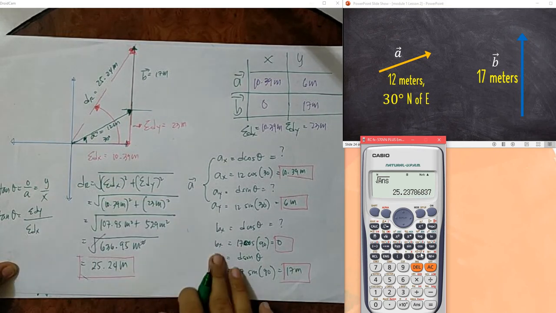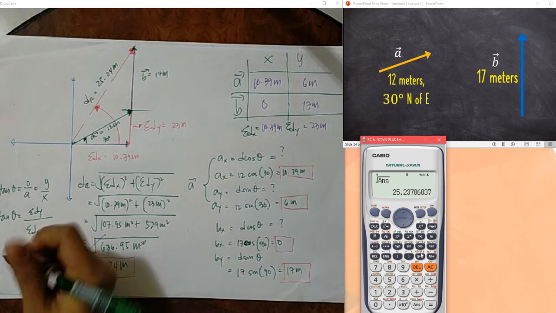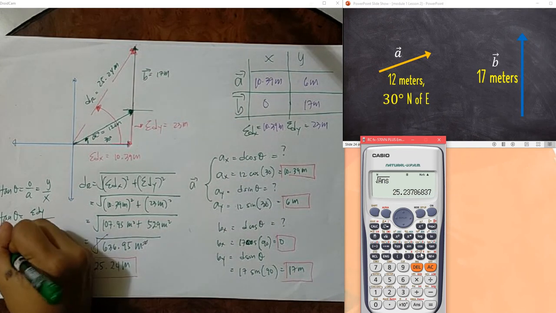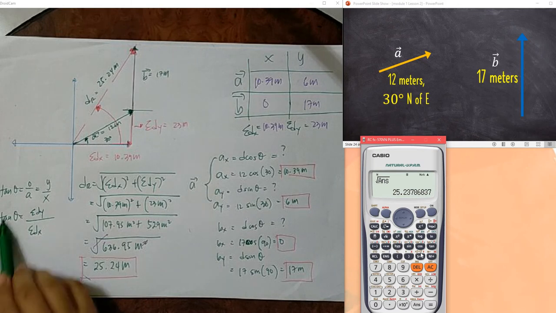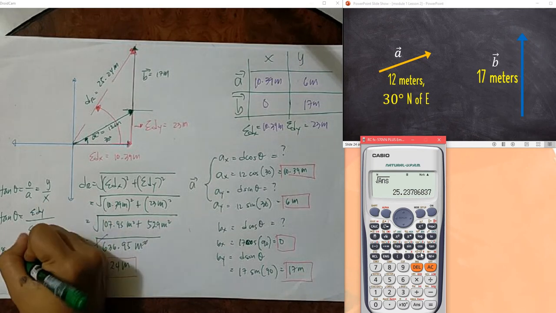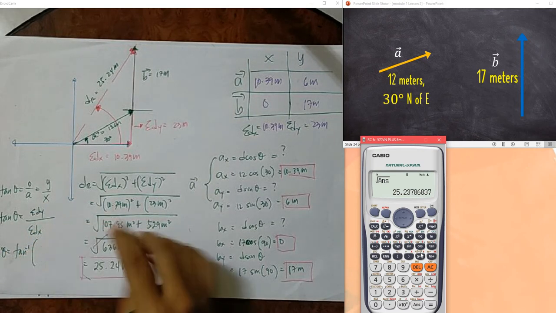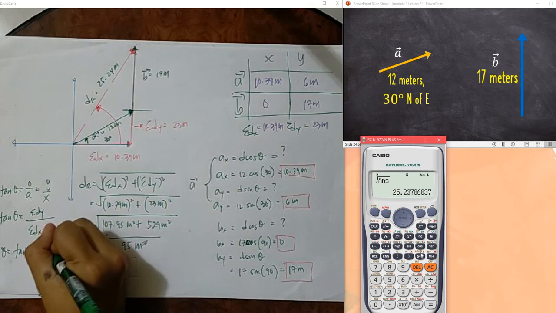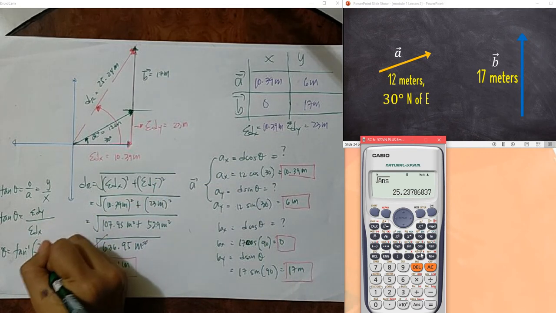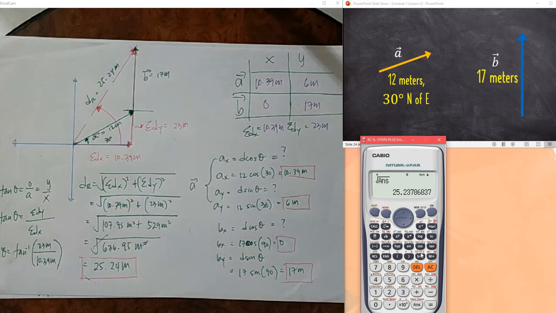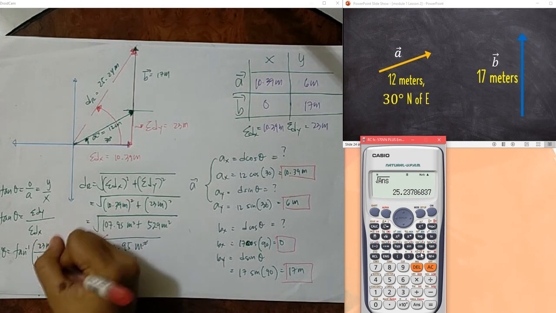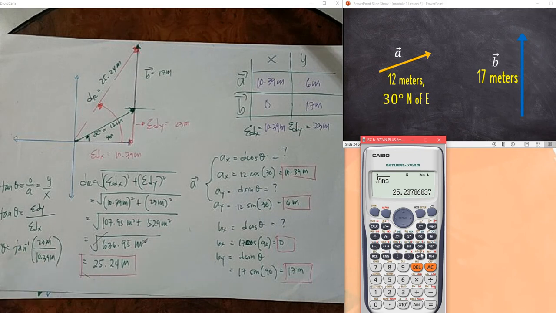So substitute the values. I'm going to do it directly. We have here theta is equal to, transpose the tangent on the other side, tangent inverse of 23 meters over 10.39 meters. Cancel the units. So in our calculators, let us use shift tangent. We have 23 over 10.39.